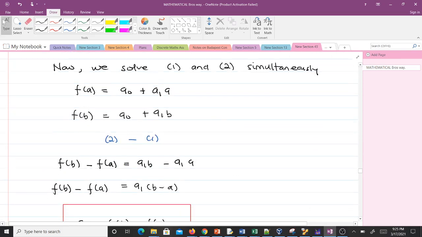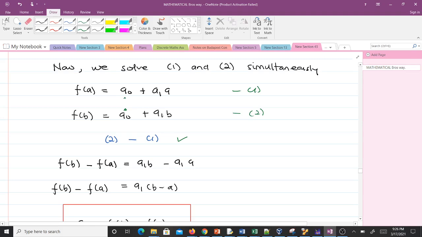So these are the two equations we have. So we are coming to solve it. So this is equation 1 and this is equation 2. So equation 2 minus equation 1 will give us f of b minus f of a equals, a0 minus a0 will give us 0. So we get a1b minus a1a.